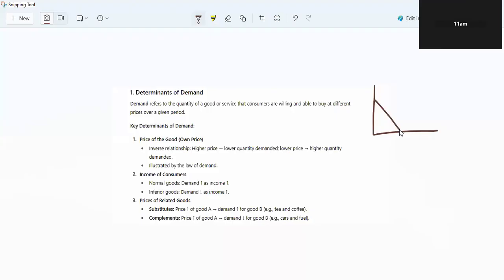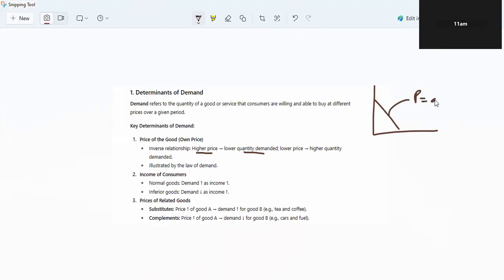So demand refers to the quantity of a good or service that customers are willing and able to buy at different prices over a given time. So we have price, which has an inverse relationship. So the law simply stipulates that the higher the price, the lower the quantity demanded. The lower the price, the higher the quantity demanded. So it is illustrated by this particular demand curve.